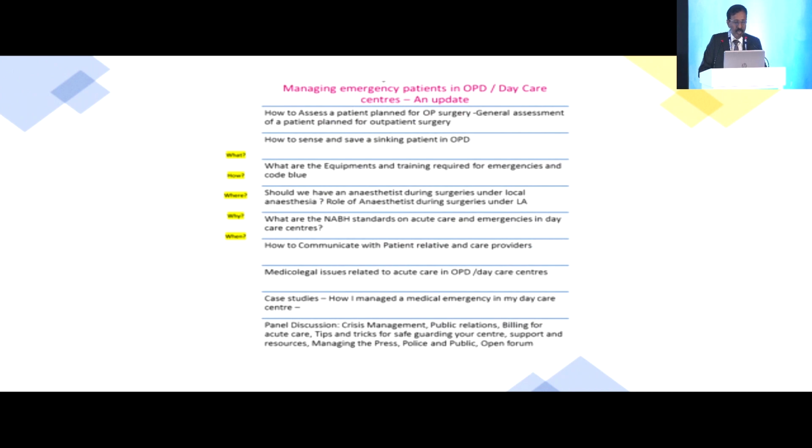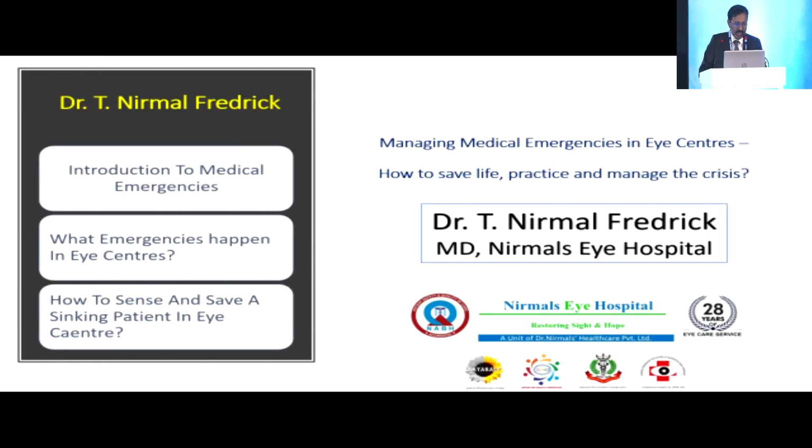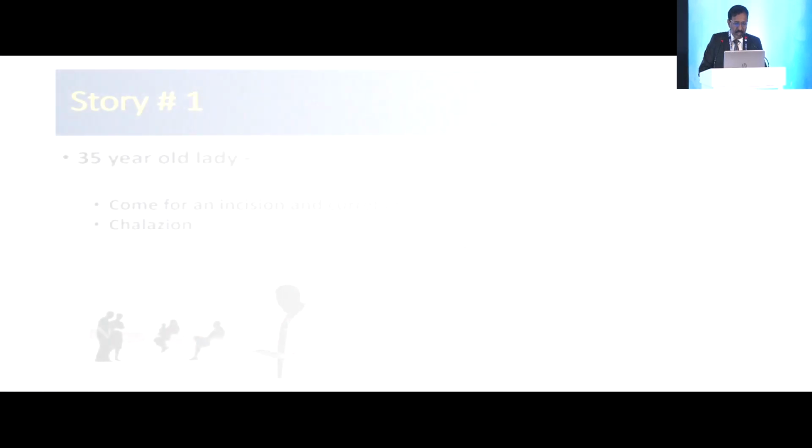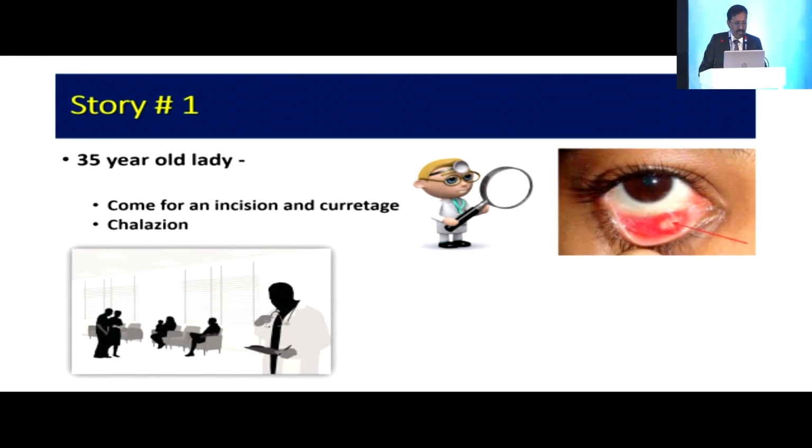We'll go through a few topics in this instruction course: what emergencies can happen in eye centers, how to prepare, and how to sense and save a sinking patient in eye care centers. We'll deal with a few cases. This is the first case, a 35-year-old lady who came for incision and curettage for chalazion.